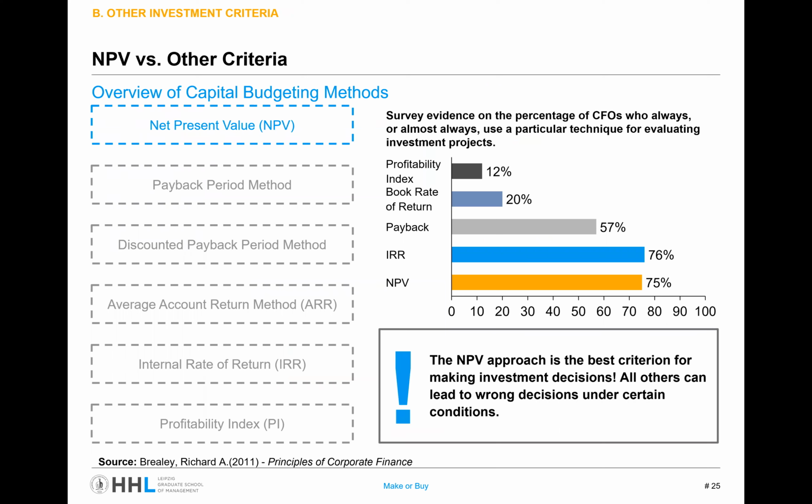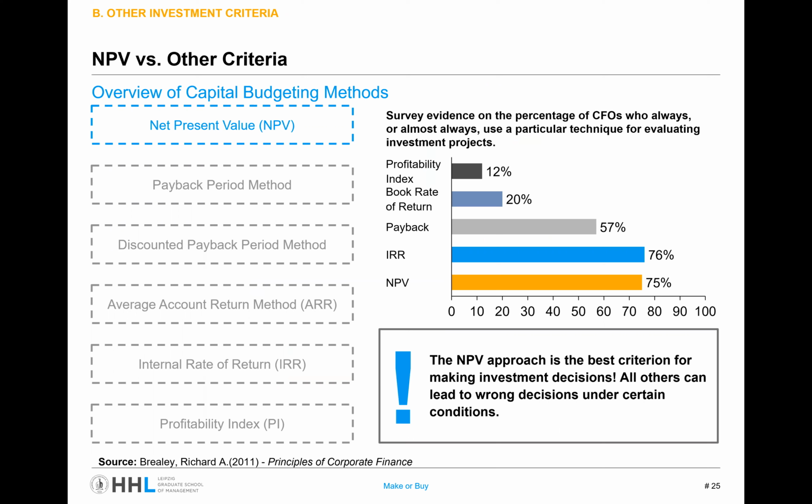Subchapter B shows you some other investment criteria. It sounds a bit stupid, but we should usually stay away from those others, because the net present value is the best concept to use, the only one that really delivers reliable results always.